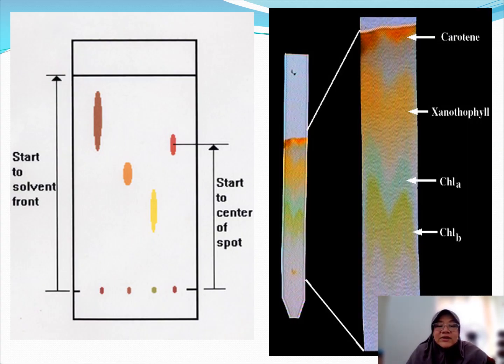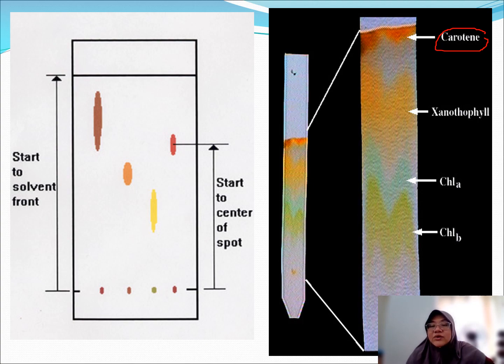Okay, as you can see here, dia letak spots, okay, of extract dia sampailah dia kita akan nampak, okay, the top will be, kita akan refer to standard ataupun retention factor from previous studies, okay, that this type of length of movement of samples.